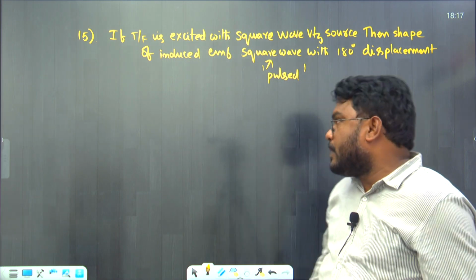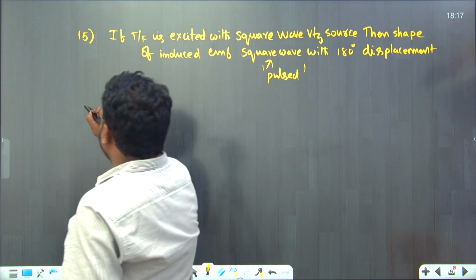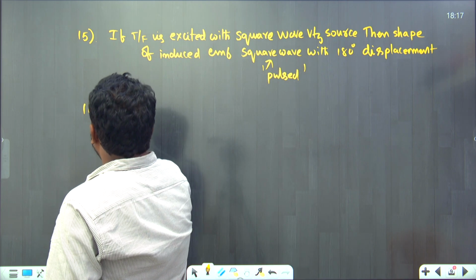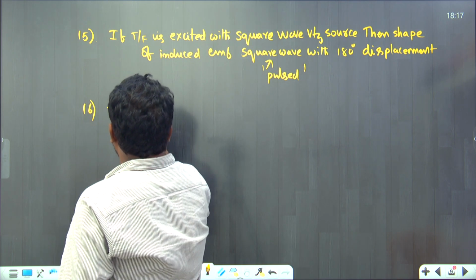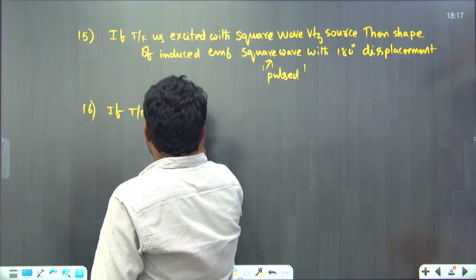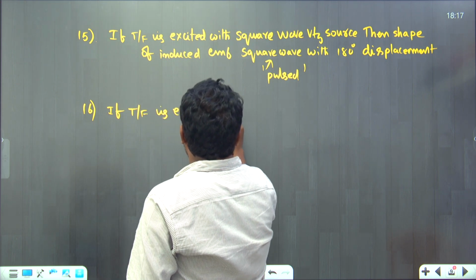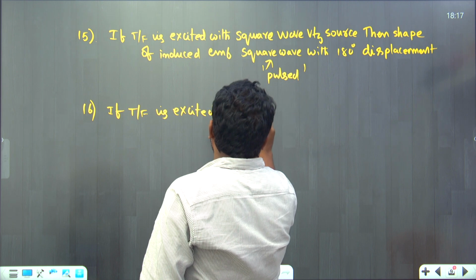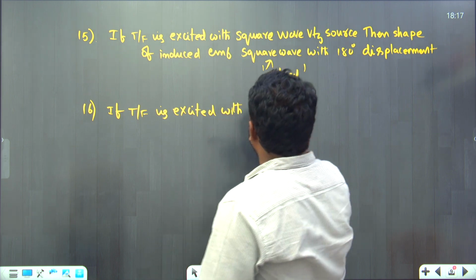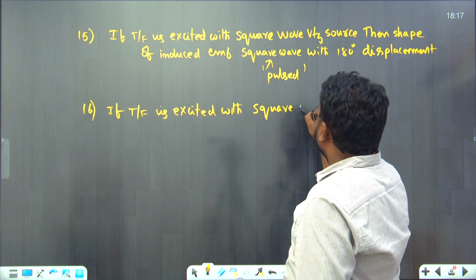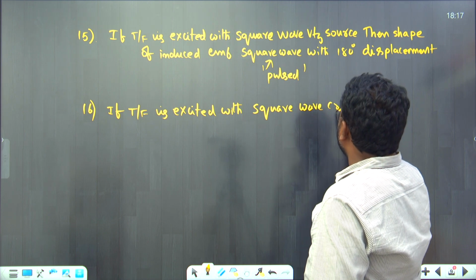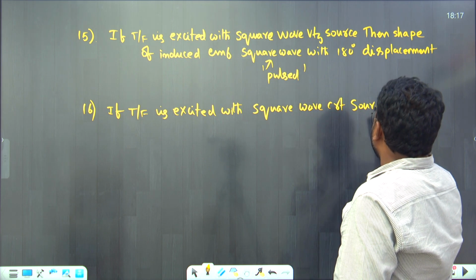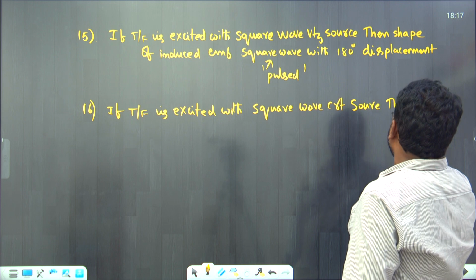And one more possibility of the question: if the transformer is excited with a square wave current source, then what is the shape of the induced EMF?